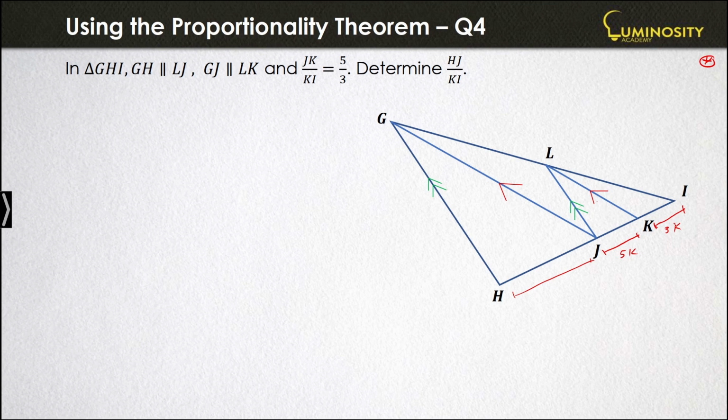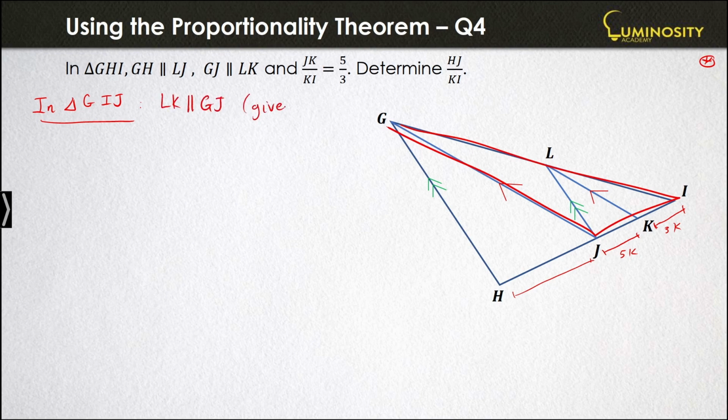Well, like I said, there are two triangles we can look at. So in triangle GIJ, essentially this one here, I can see that the line LK is parallel to GJ, that was given to us. So therefore I can use proportionality.